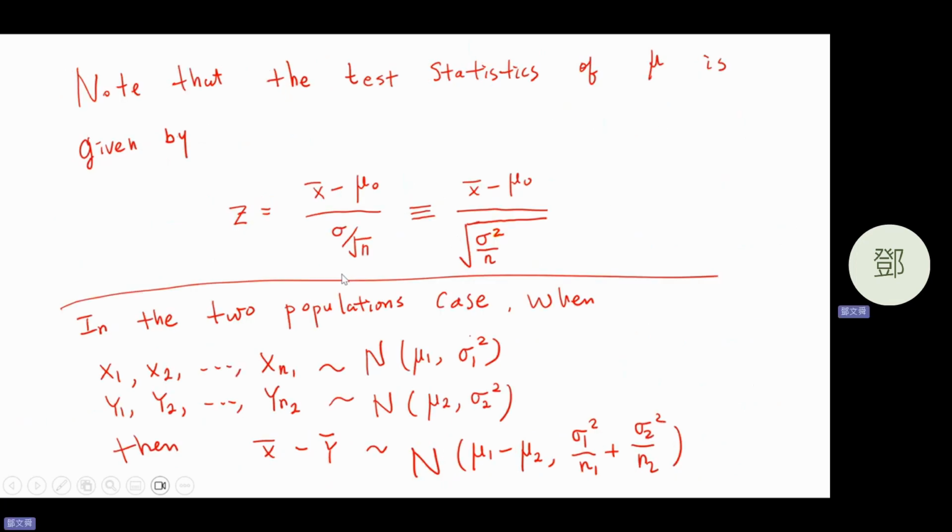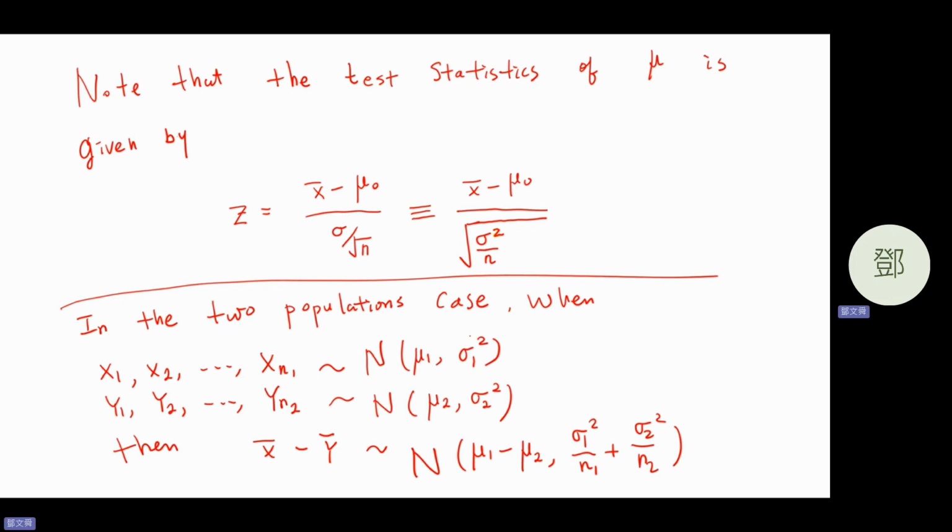Note the test statistics of mu in one population. If you want to do two populations, you have to know what to do in the one population case. Look at this.